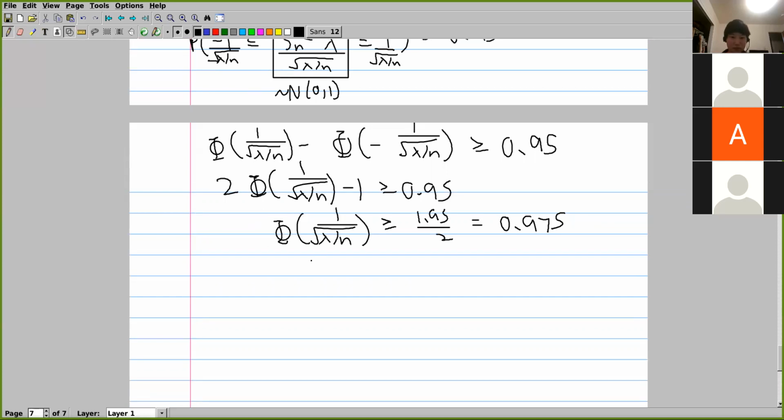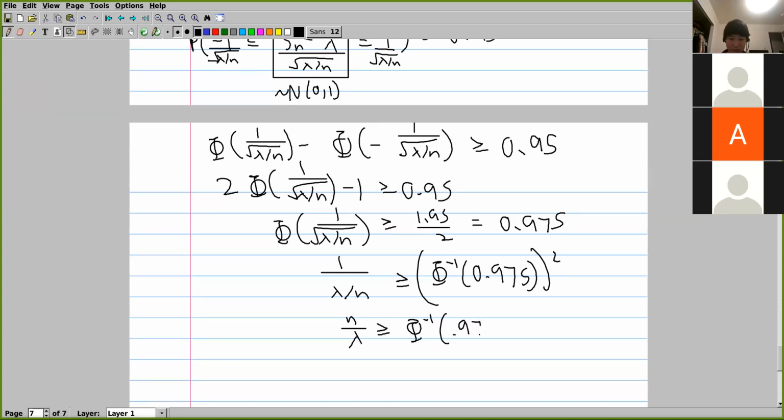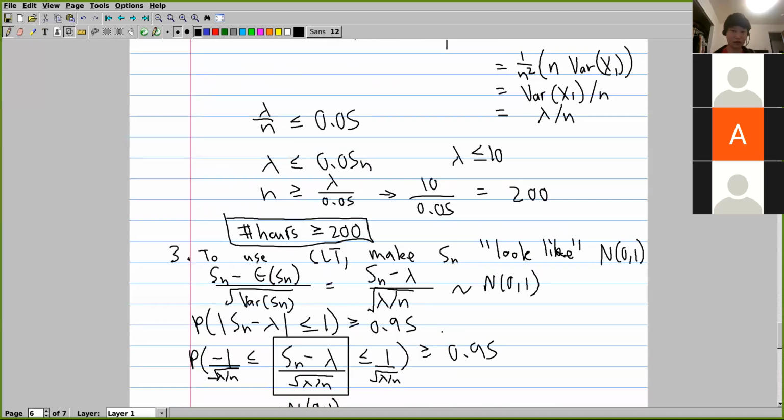Okay, so now we take the inverse CDF of both sides. And are we trying to find the number of samples?